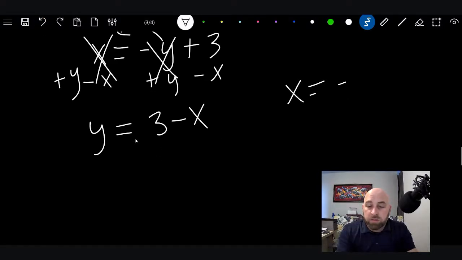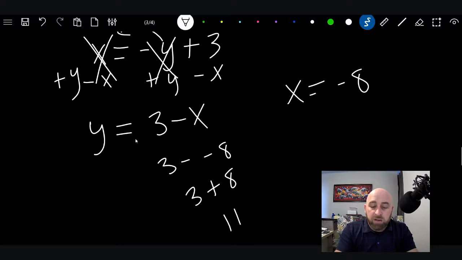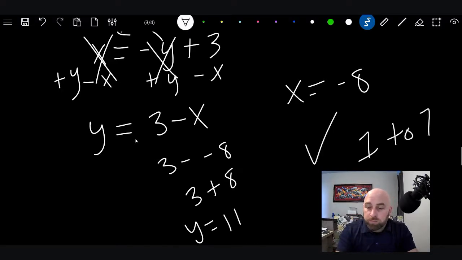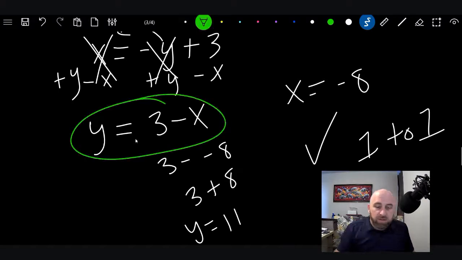Negative 8. 3 minus negative 8, well, minus means plus. 3 plus 8 equals 11. Y equals 11. One answer. So in this case, this one is a one-to-one. Why? Because this one passed the test when we solved it algebraically. Its inverse, which is that right there, would only ever yield one answer. So one input, one output.